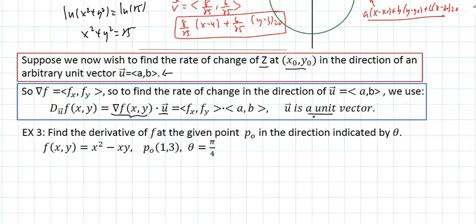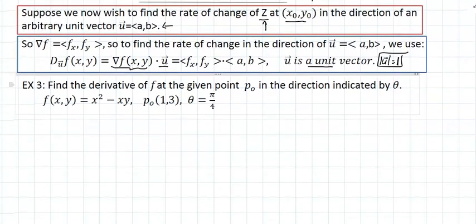The reason you want a unit vector is that you don't want to change the quantity of the gradient. We know the magnitude of a unit vector is 1, so make sure that's the case. This way, the outcome is the rate of change of z equals f of x, y, and not altered by the length of the vector.